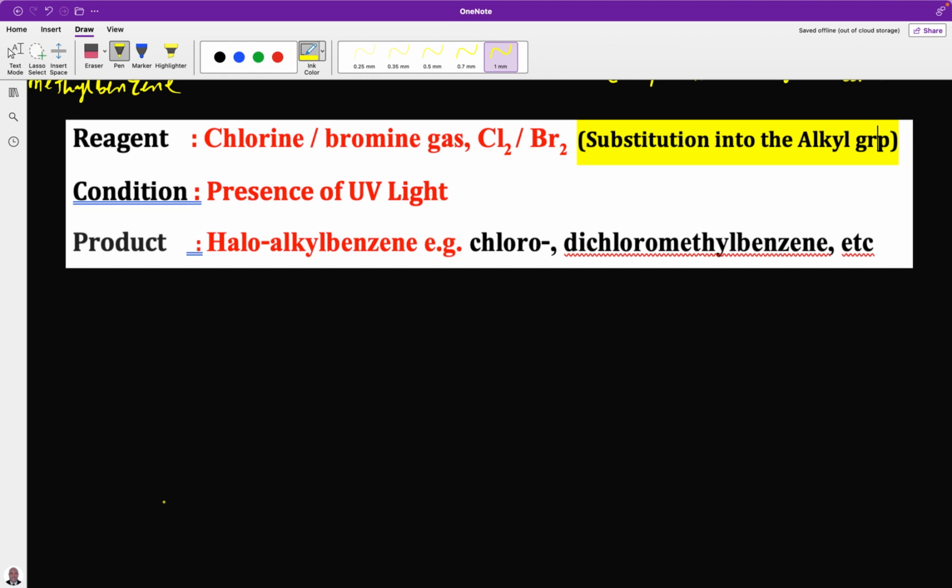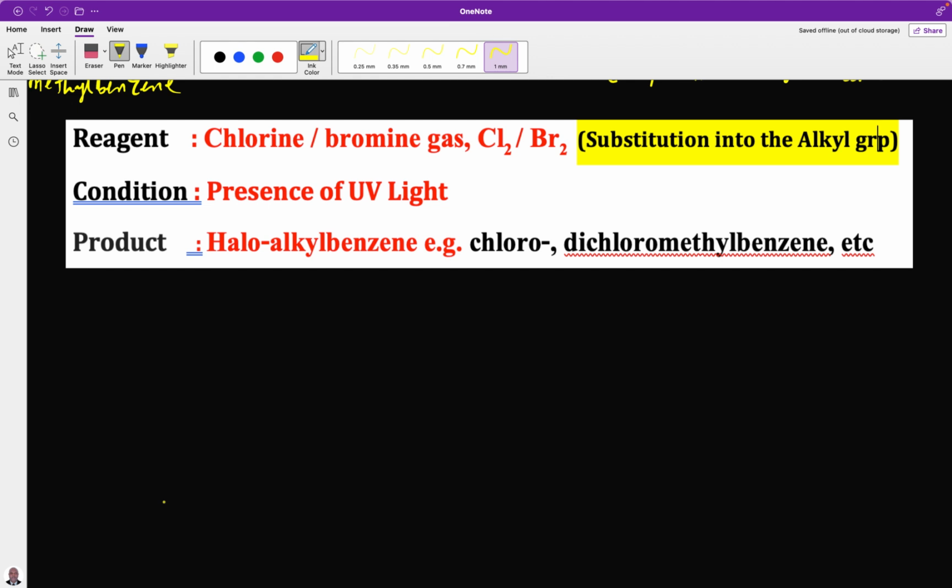We are going to use UV light and not a halogen carrier. The UV light is going to act as our catalyst, and in that case the substitution is not going to take place on the ring. The substitution will be taking place on the alkyl group.